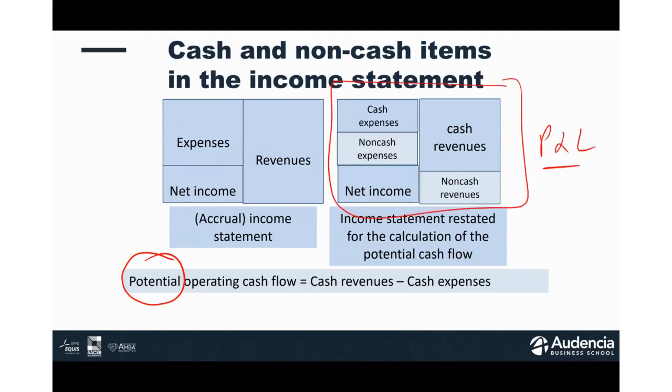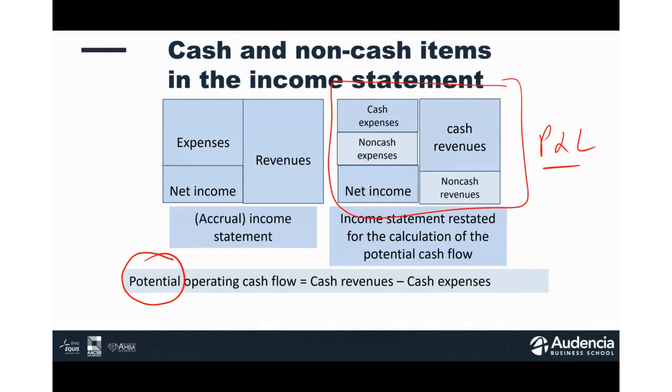In the P&L, you don't have the cash inflows and the cash outflows. If you want the cash inflows and outflows, you are in the cash budget, you are in the statement of cash flows. So because we stay at the level of the P&L, it's only potential. Potentially, we should have this cash, but maybe we don't have the cash now. Maybe we'll have the cash later, or maybe we have already the cash in advance.